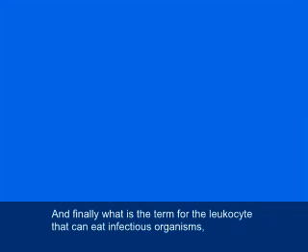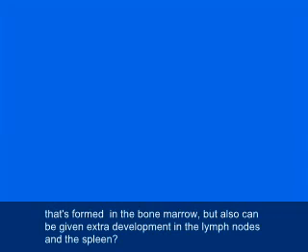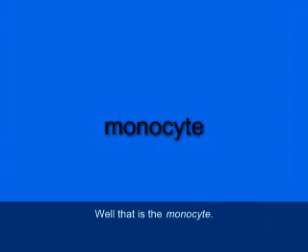And finally, what is the term for the leukocyte that can eat infectious organisms that's formed in the bone marrow, but also can be given extra development in the lymph nodes and spleen? Well, that's the monocyte.